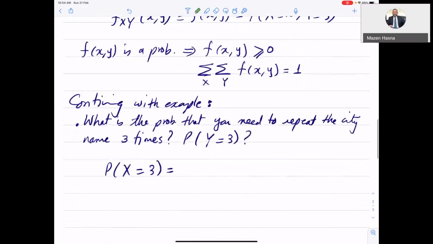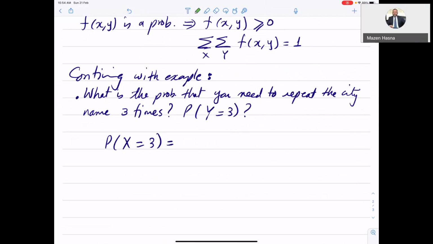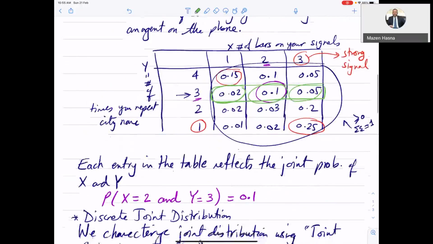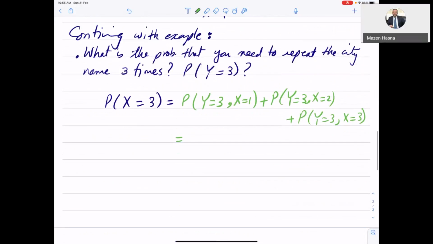So probability of y equals 3 is the probability that y equals 3 when x equals 1, plus probability of y equals 3 when x equals 2, plus probability of y equals 3 when x equals 3, which means that I have to sum the 3 probabilities: 0.02 plus 0.1 plus 0.05, which is 0.17.